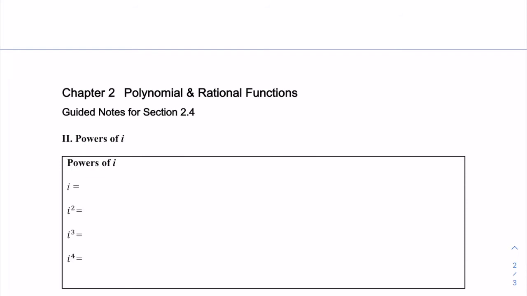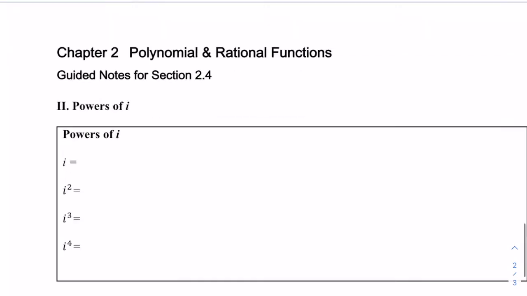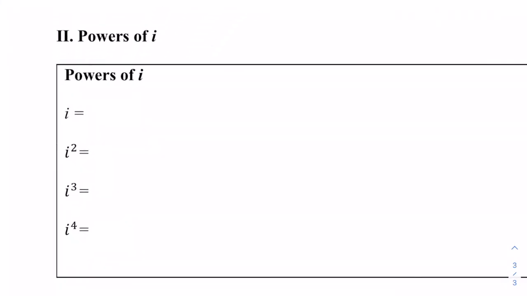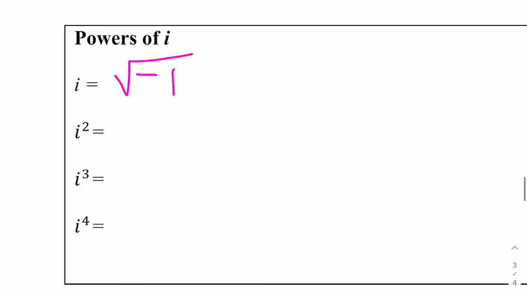Now it's time to sound like a pirate, because we're going to cover the powers of i. Okay, so remember we said i is the square root of -1. And we said that i squared is going to equal -1. So what's going to be i cubed?